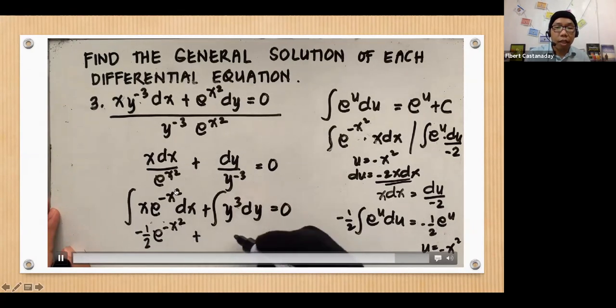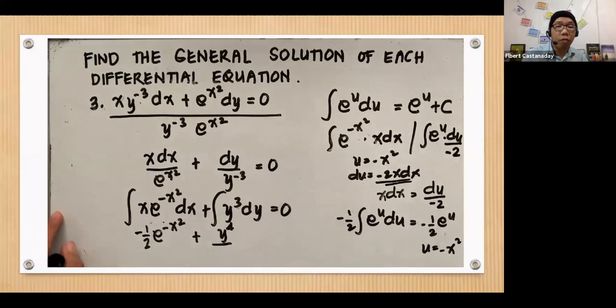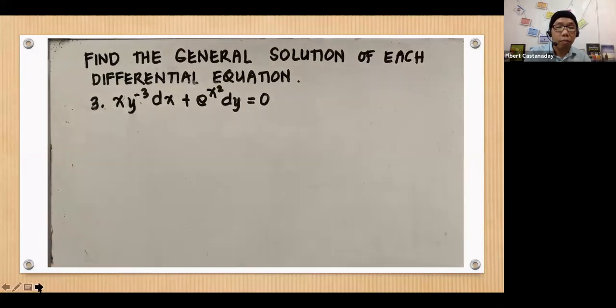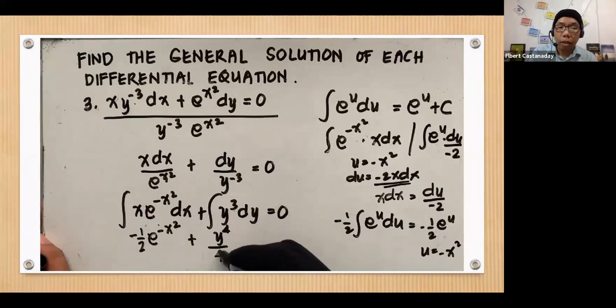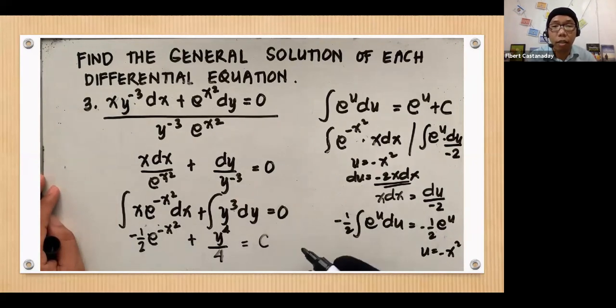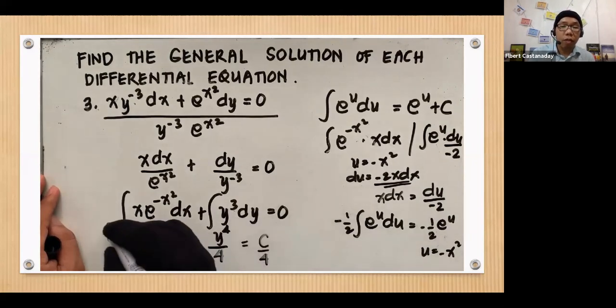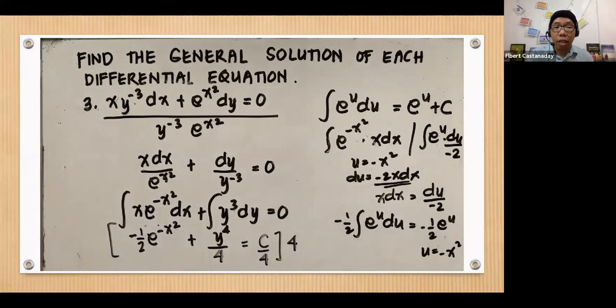Now, for the second term, the integral of y cubed dy, using the power formula, is y raised to 4 over 4, equal to the arbitrary constant. The one on the right-hand side is the arbitrary constant. Or you can transpose one of the terms, the function of x, to the left-hand side. Here, what I'm doing is simplifying the equation.